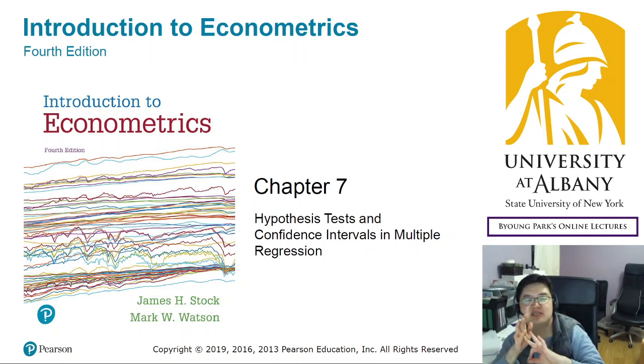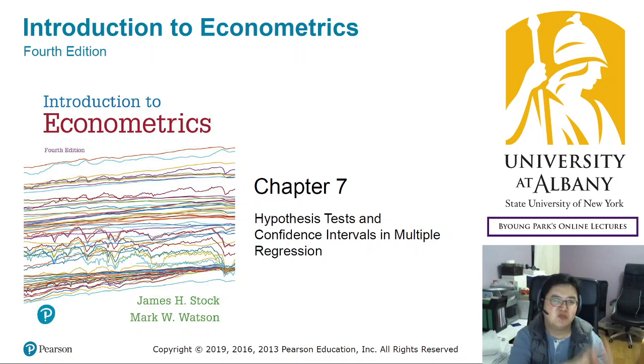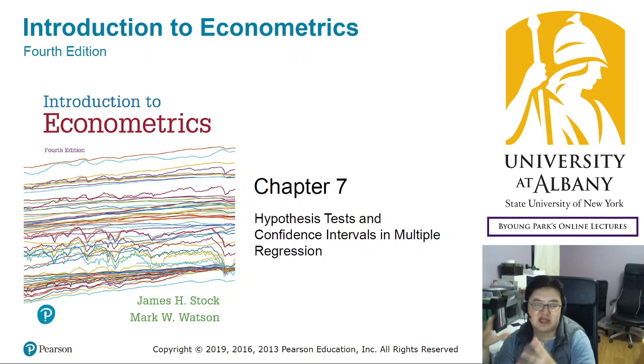And now chapter 6 and 7 are another pair. They both consider the multiple regressor case, and chapter 6 was more about motivation, interpretation, and some basics. But chapter 7 is more serious statistical analysis, statistical inference, like hypothesis tests and calculating confidence intervals.